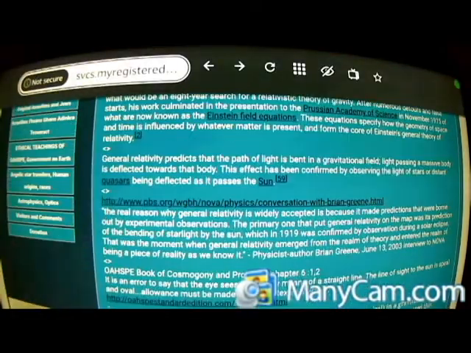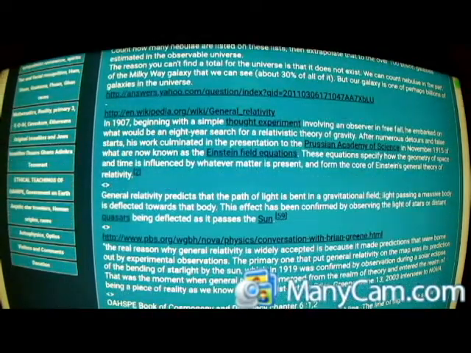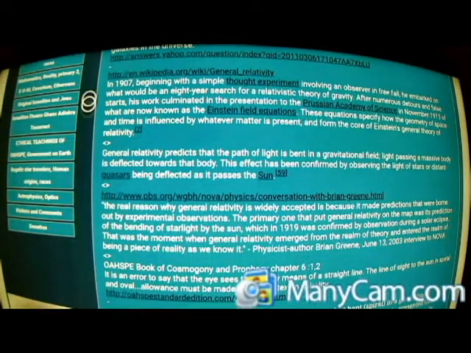Now, scrolling. This came from wikipedia.org, General Relativity. In 1907, beginning with a simple thought experiment involving an observer in free fall, he embarked on what would be an 8-year search for a relativistic theory of gravity. He, meaning Albert Einstein.